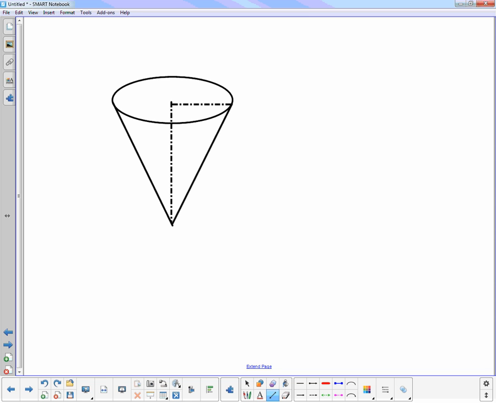So here we have a conical tank, and I've seen this problem in different manifestations many times, and I've always wondered just exactly who ever has a conical tank.